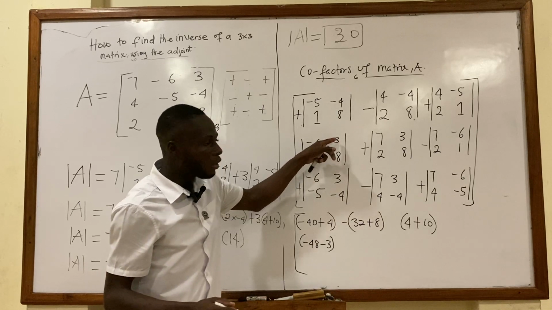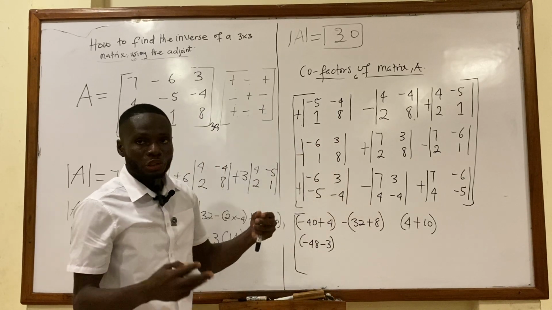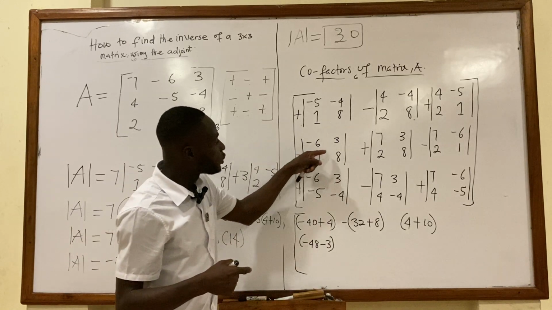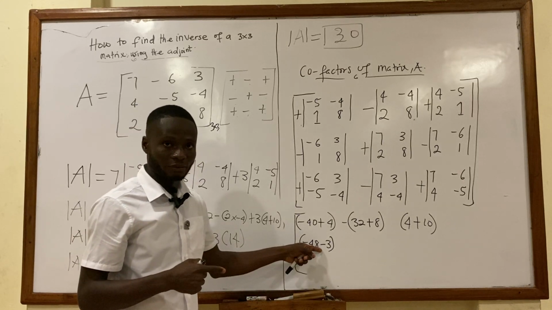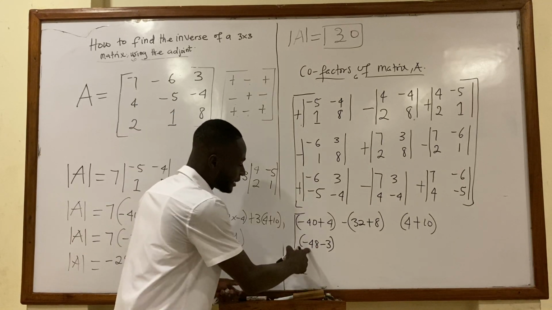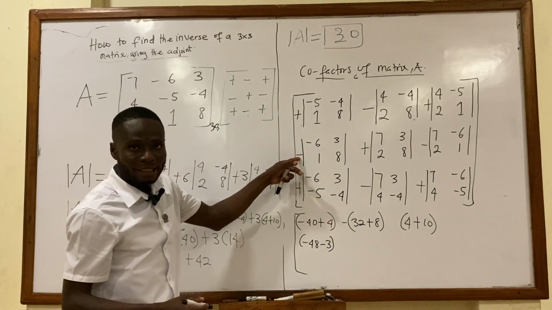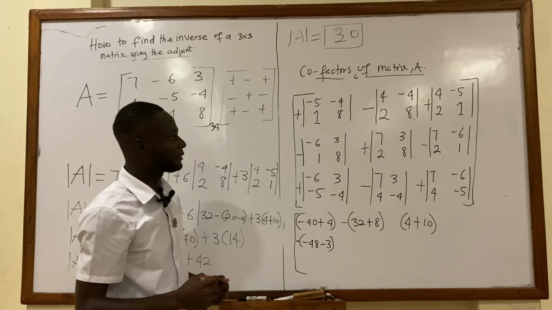But this diagonal, when you are multiplying, is affected by a negative number, and these two numbers are already positive, so the negative will be affecting it, right? So we have minus 48 minus 3, but the sign over here is minus, so we have minus into that.